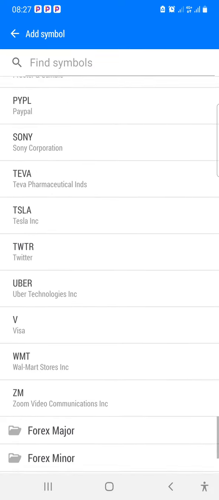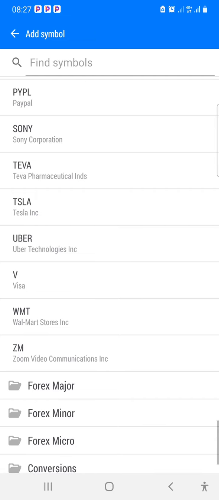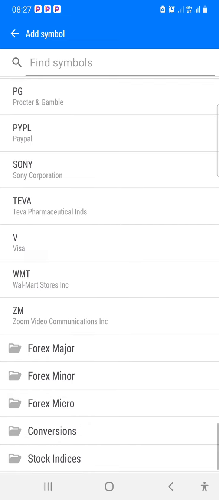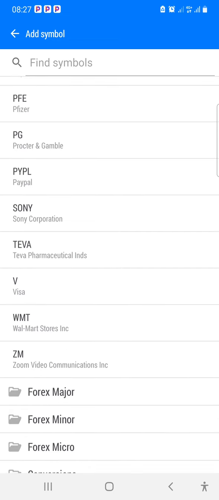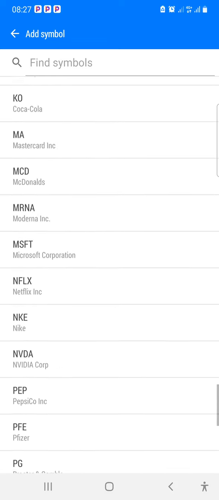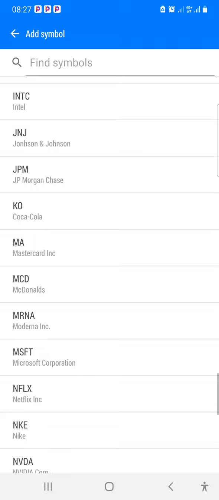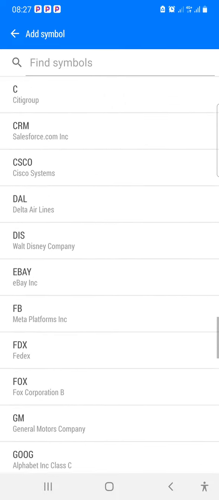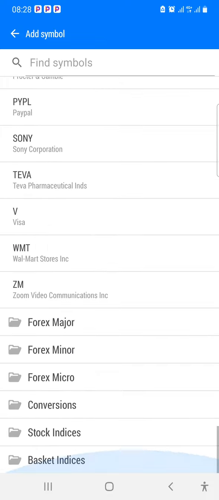This one is Twitter. This one is Uber. This one is Tesla. This one is Sony Corporation. You get PayPal, Nike, Netflix, Microsoft, Coca-Cola, and the likes. You get eBay. Those are stocks in the US.